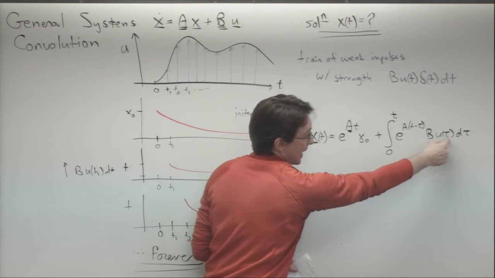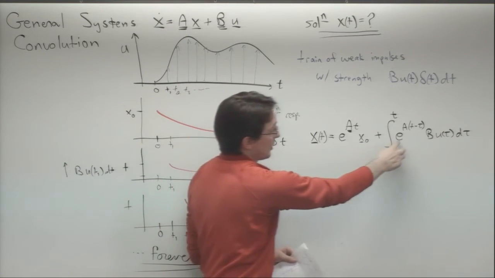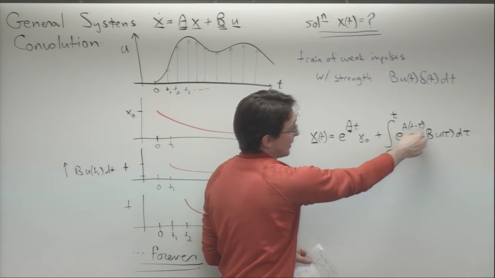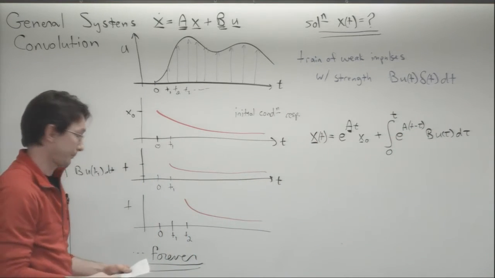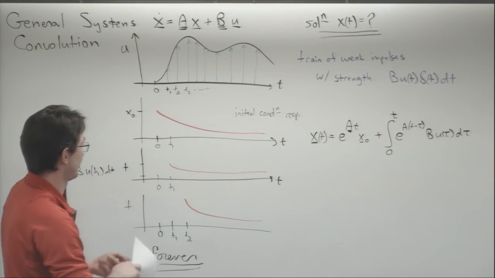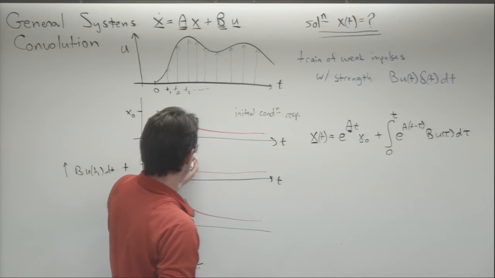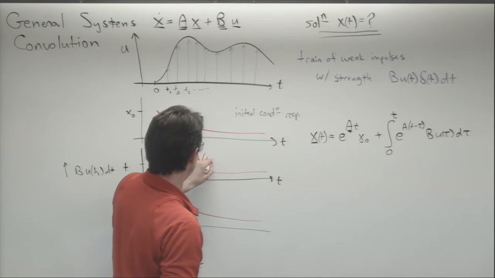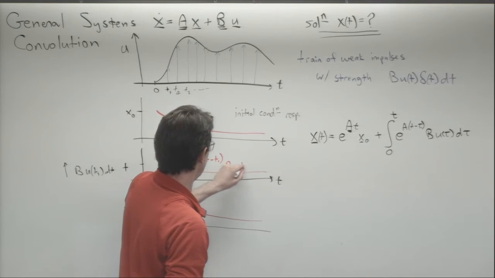So at time tau, I have a little delta, and it excites a response e to the a t minus tau times whatever that initial condition was. Remember, this is literally e to the a t minus t1 b u of t1.